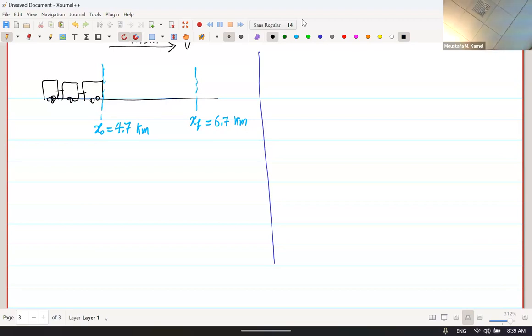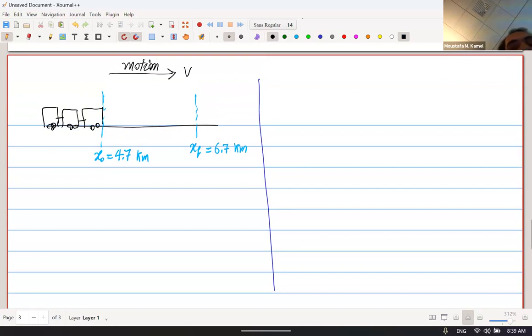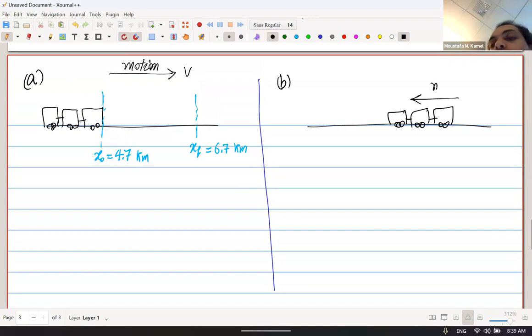So we want to calculate displacement, average velocity, average speed, acceleration, and everything we know so far. We will calculate it once for this case. Let's call it A. And one more time for this case, but you will do the other case where the train is going this way.